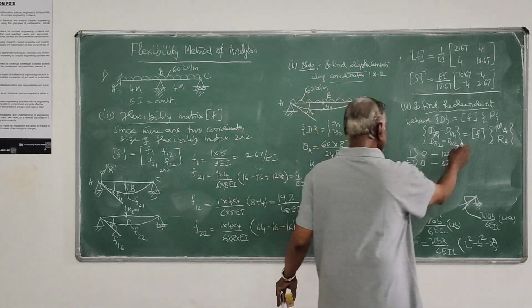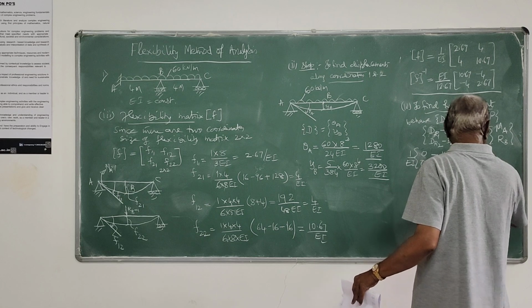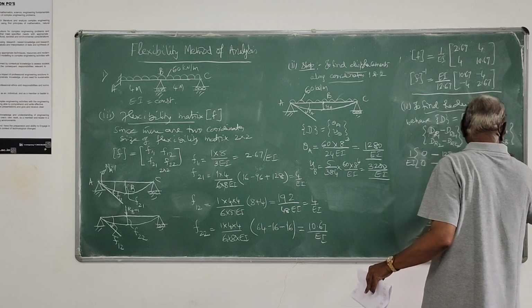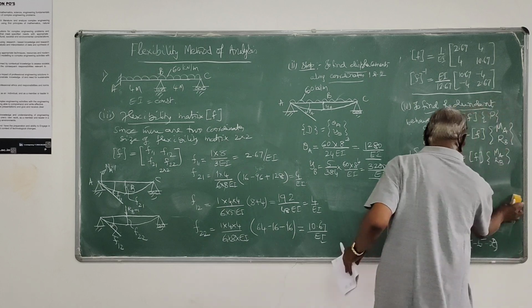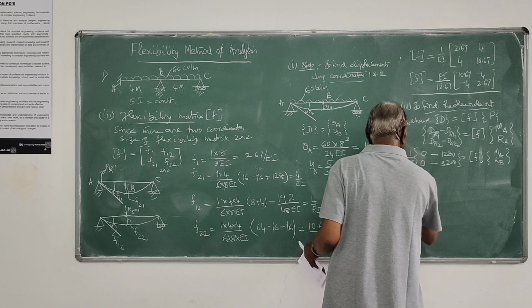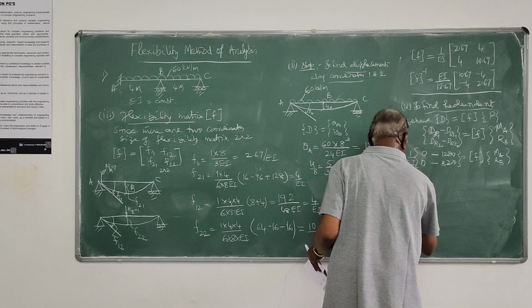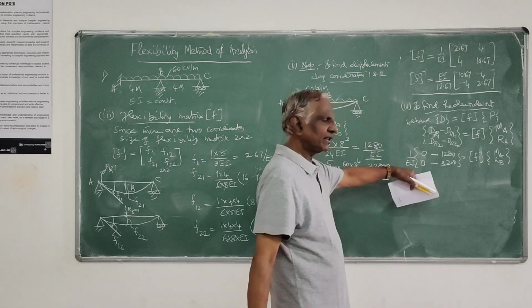So now I will rub it off. It equals F, let it be there as it is, F into MA or RB. Therefore MA and RB equals F inverse into this.